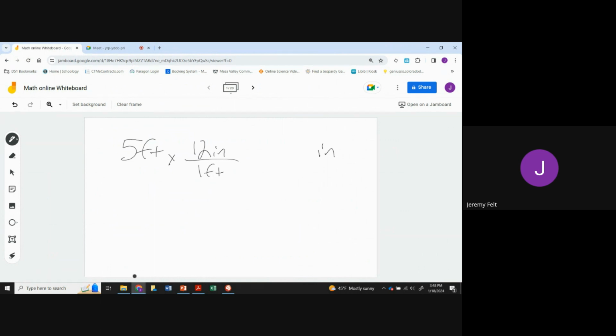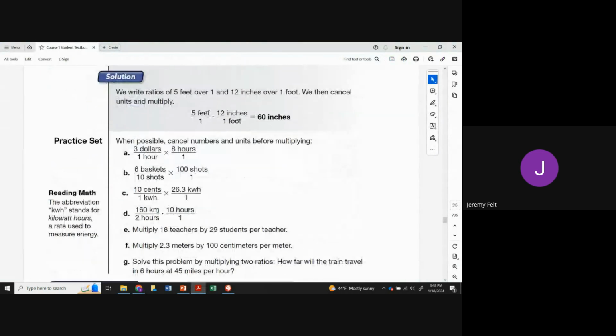It's unit multipliers, so 12 inches and 1 foot are equal, so that's why we use it. Feet and feet would cancel, and we're left with 5 times 12 inches, which is 60 inches. So sometimes we do these conversions without even realizing that we're using a unit multiplier, but this is what we're doing when we do that.